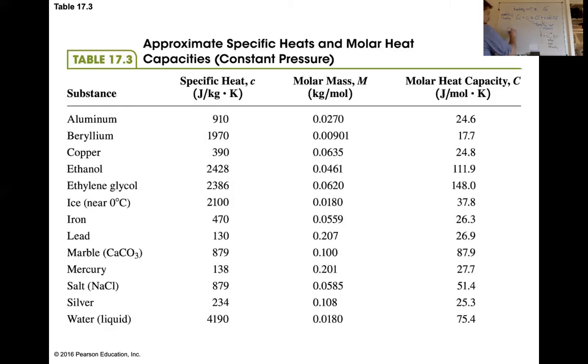And the equation we'll use for that is the mass that we have, and capital L, which in this case is the latent heat of transformation, whether that's boiling or, well, the latent heat of fusion for melting or freezing, the latent heat of vaporization for evaporation or condensation.